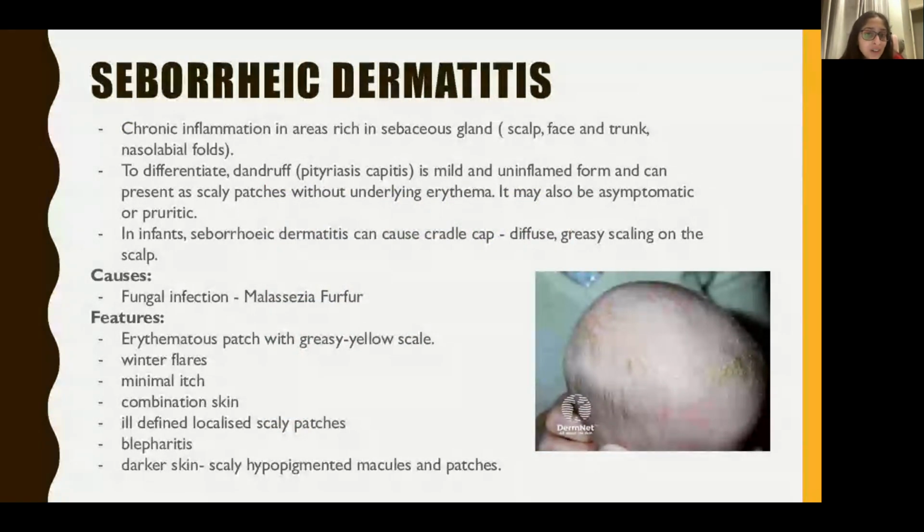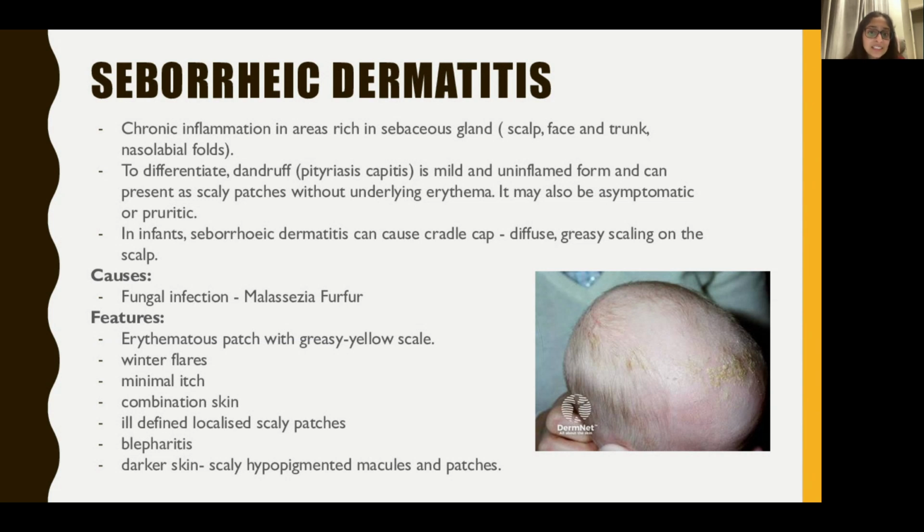So commonly you'd see it on the face and the scalp, and often on the trunk as well. Dandruff is different as you wouldn't see the inflammation, the redness associated with it, and it would be milder. And it would present as scaly patches without underlying erythema. And there may not be any itching associated with it. Whereas seborrheic dermatitis, you might find that the patients are saying it is quite itchy.